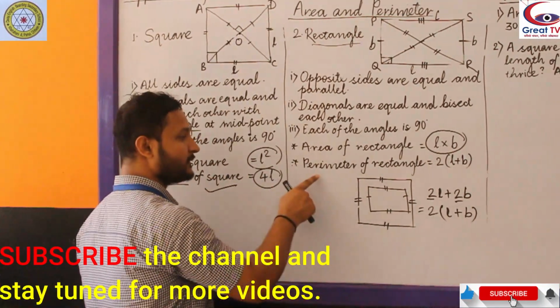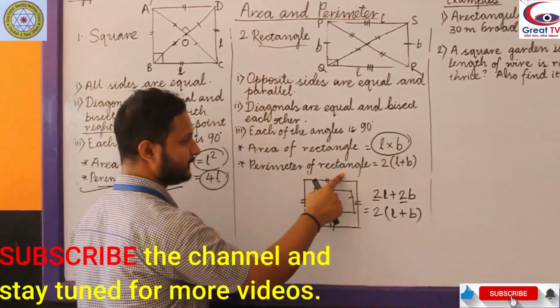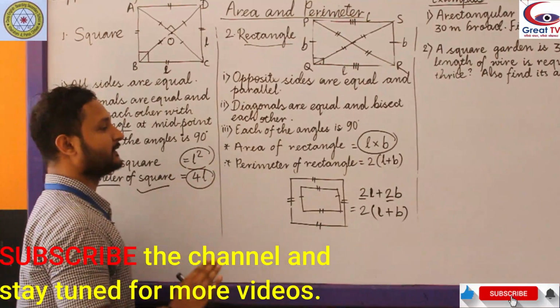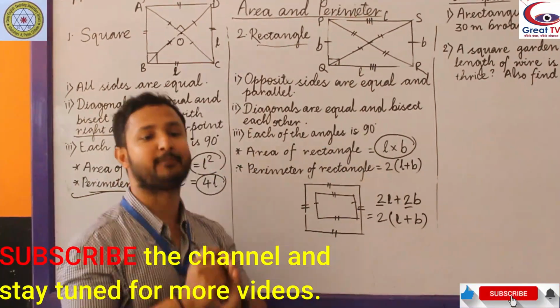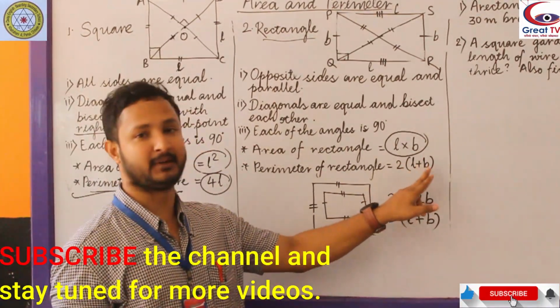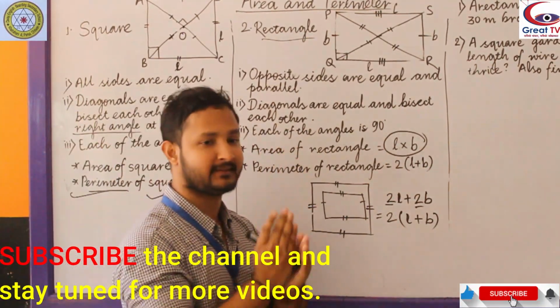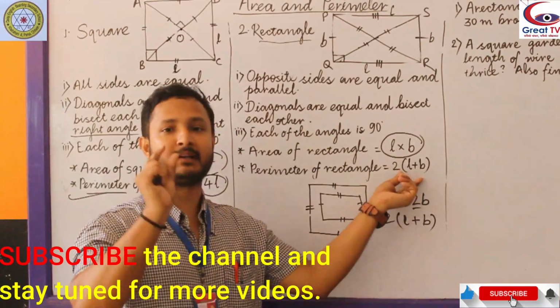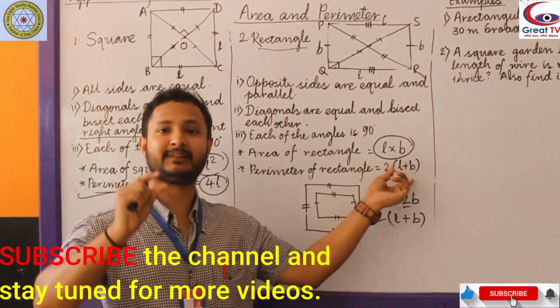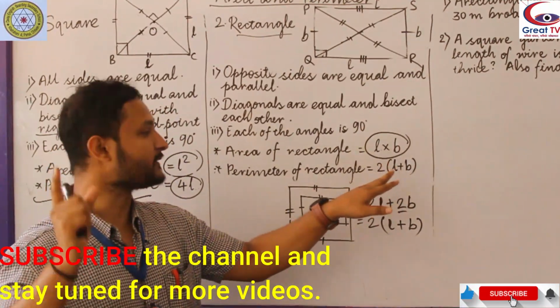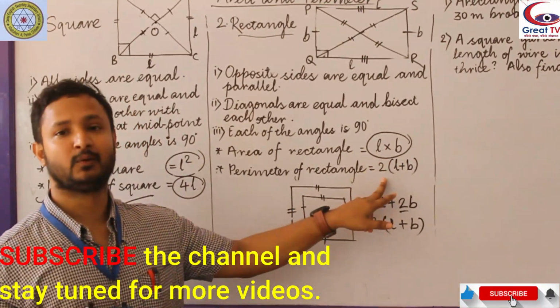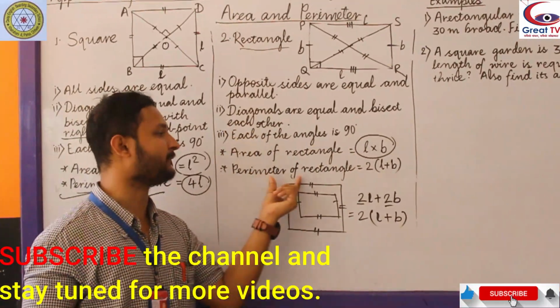So now it's time for the perimeter of a rectangle. To calculate the perimeter of a rectangle, first of all, we have to add length and breadth. We will get a certain result. And if we multiply that result by 2, we get the perimeter of the rectangle.